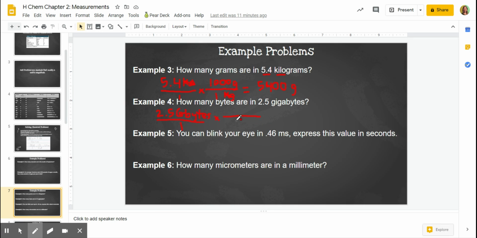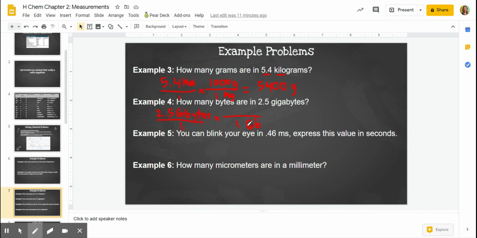So 1 gigabyte, I'm going to put just B for byte. Okay, so 1 gigabyte, and this is a very ugly G. Let's fix this G. Okay, that's a little better.